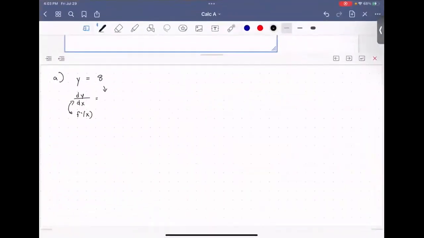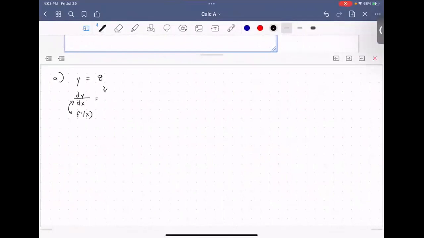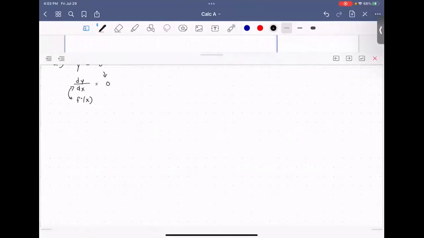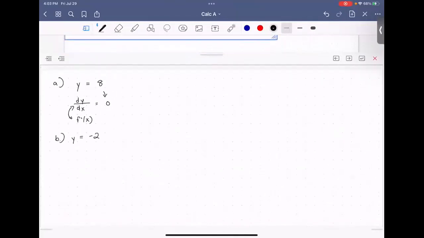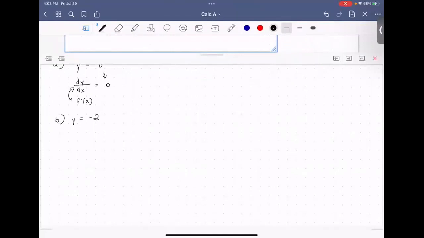So since 8 is a constant, it doesn't have an x next to it, our derivative for 8 is going to be 0. All right. And for b, I believe it's y is equal to -2. Again, -2 is a constant, so f prime of x is going to equal 0.